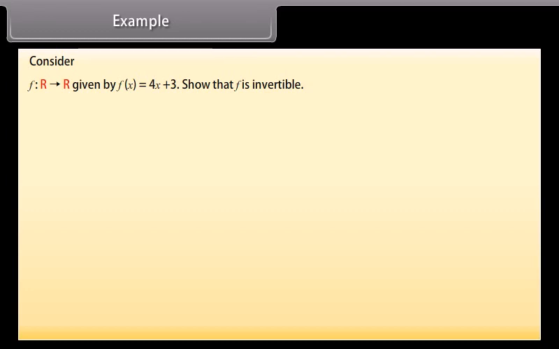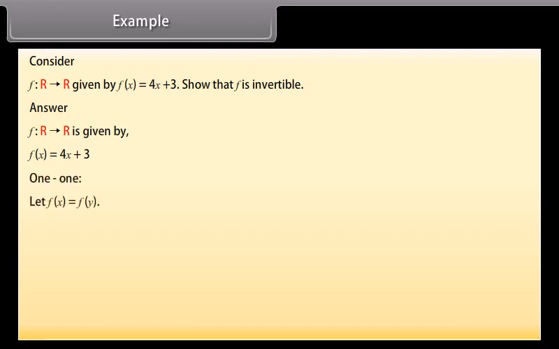Example. Consider function f from R to R given by f of x is equal to 4x plus 3. Show that f is invertible. Answer. Function f from R to R is given by f of x is equal to 4x plus 3. 1-1.